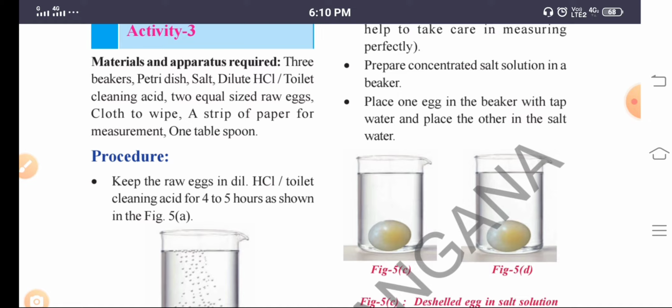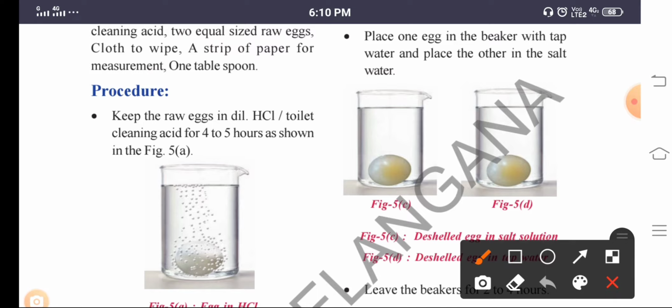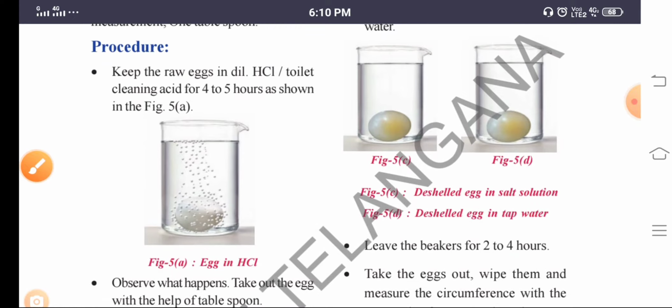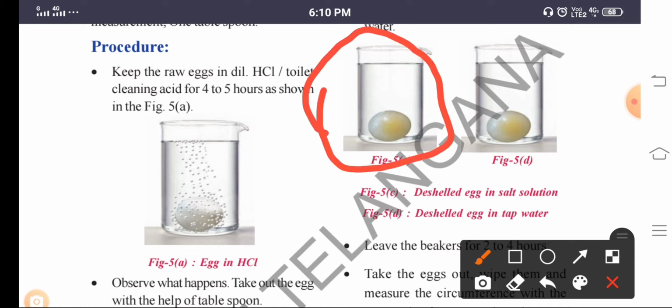Now let us take the 2 beakers. So here 2 beakers are there, and this beaker has inside a decelled egg.